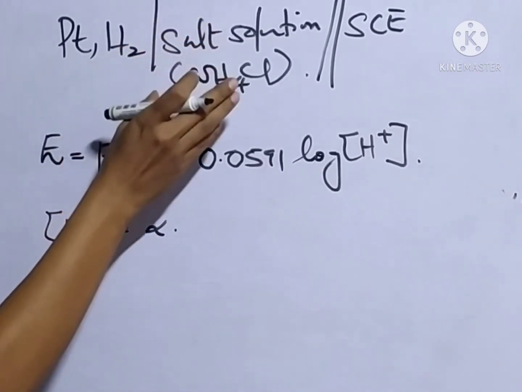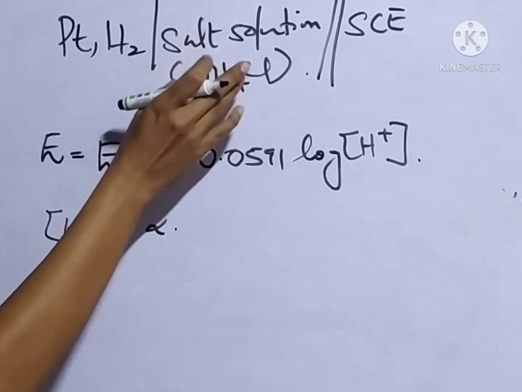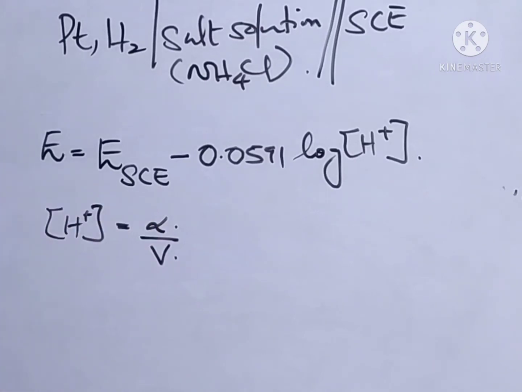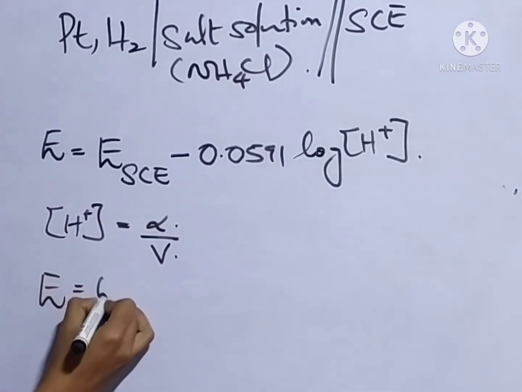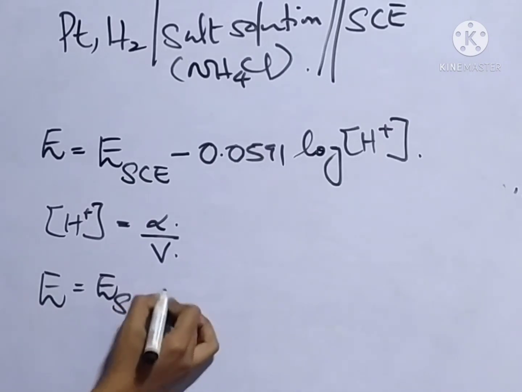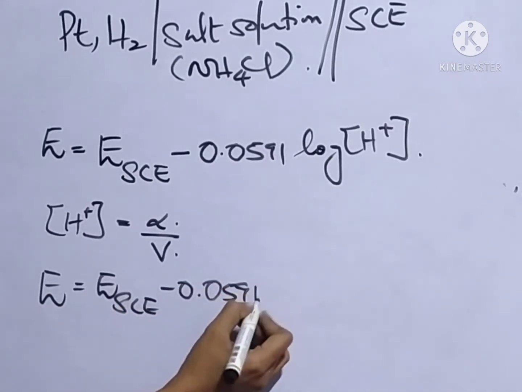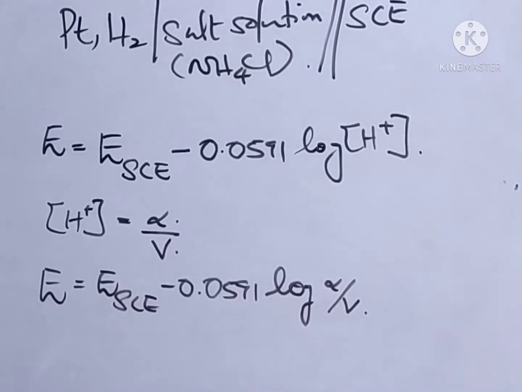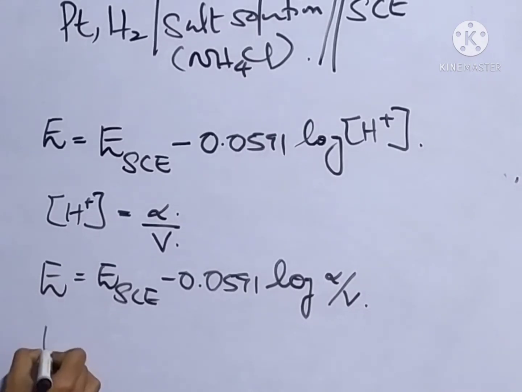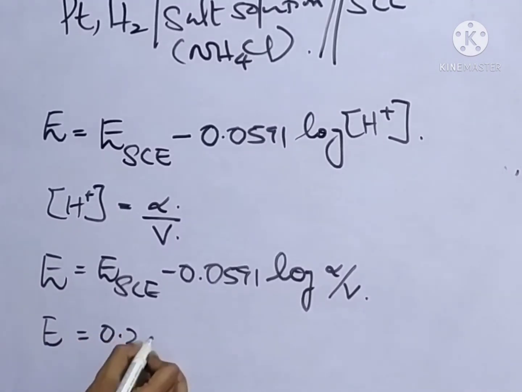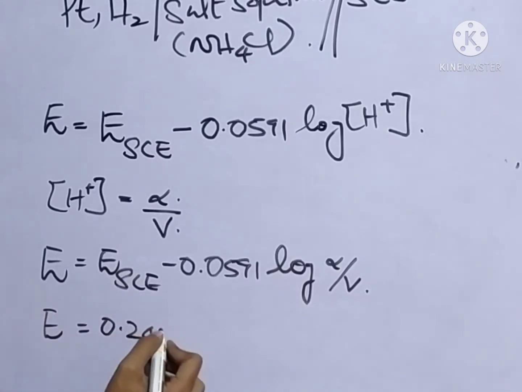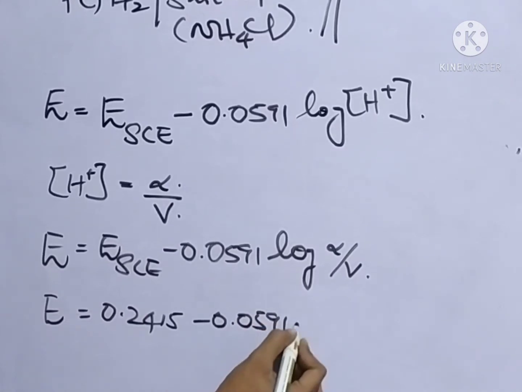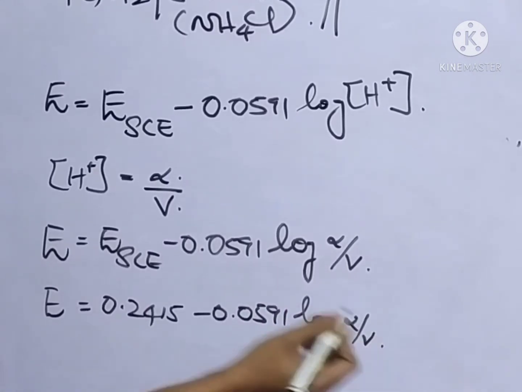Here we are taking V volume of water to prepare the aqueous solution of ammonium chloride, so the concentration of H+ is alpha divided by V. So E equals E of the standard calomel electrode minus 0.0591 log alpha divided by V. We know the value of the standard calomel electrode is 0.242, precisely 0.2415 volt, minus 0.0591 log alpha divided by V.